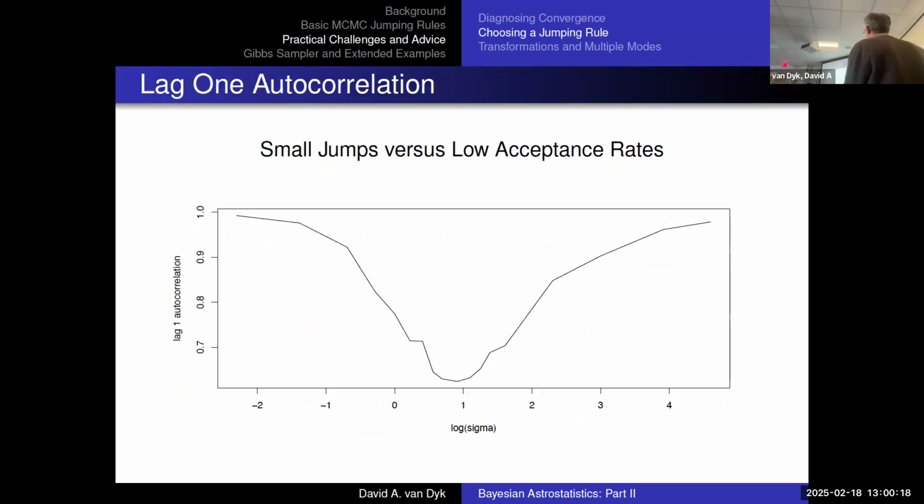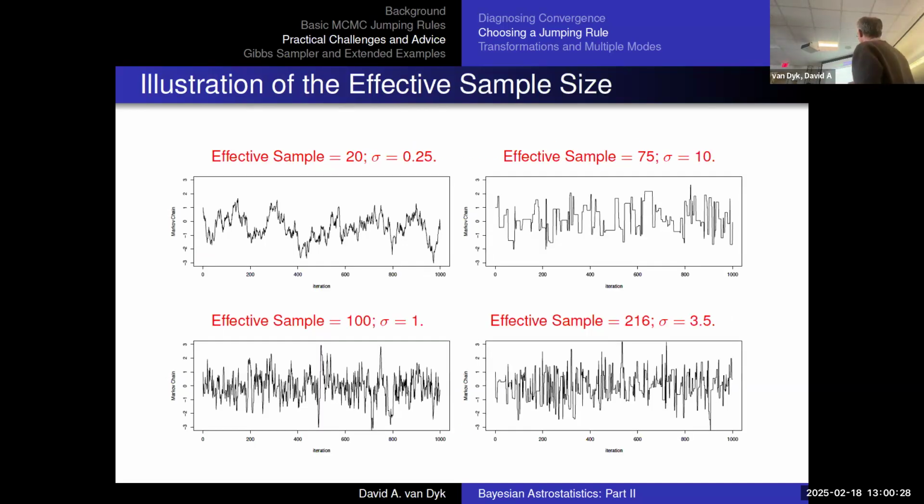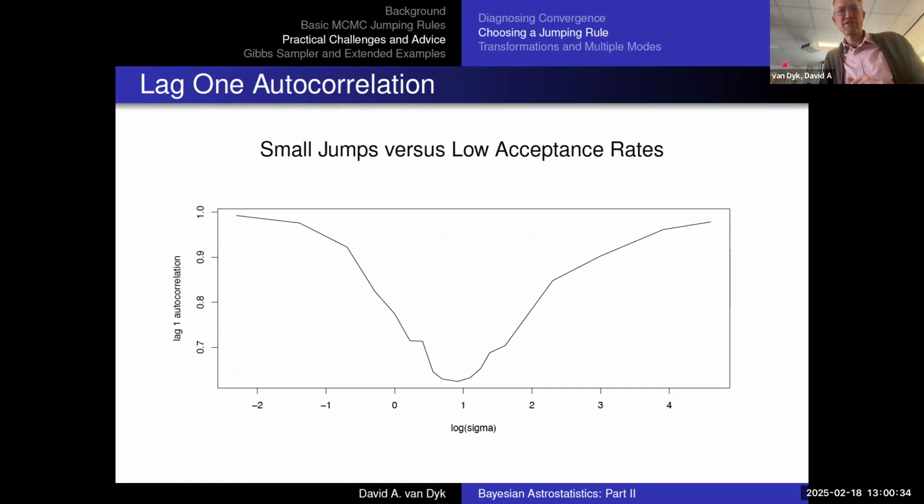Okay, so to pull this all together, lag 1 autocorrelation. I did this for 4 different values of sigma that I show you here. I actually did it for a bunch of values, maybe not 100. You can see it's kind of jumpy, but more than 4.